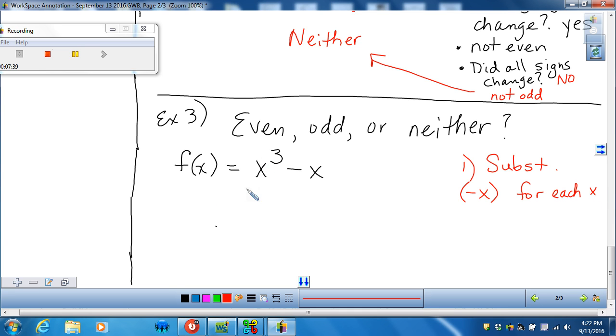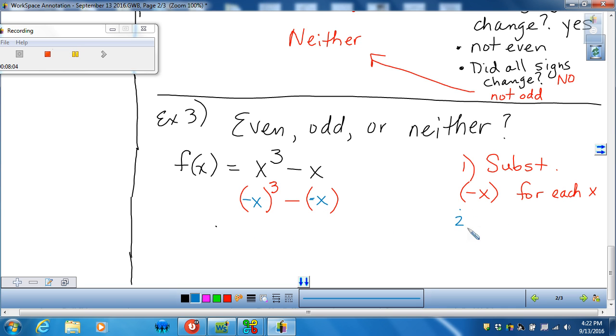So we're going to come over here where it says x cubed, take out the x, put the cubed, hold it open with some parentheses, and then for the x over here, we're going to leave it open with some parentheses, and in each one of those parentheses, we're going to plug in the opposite of x, or negative x.